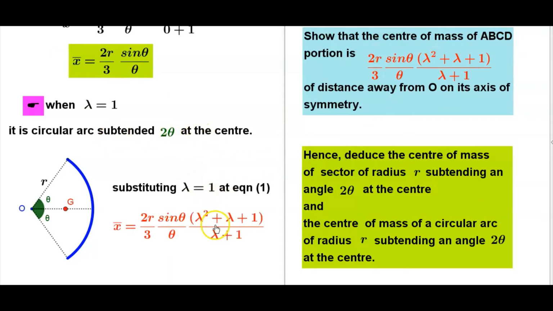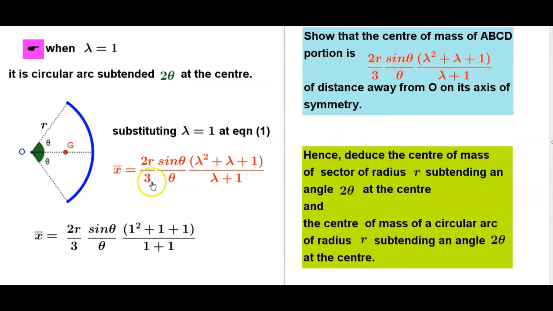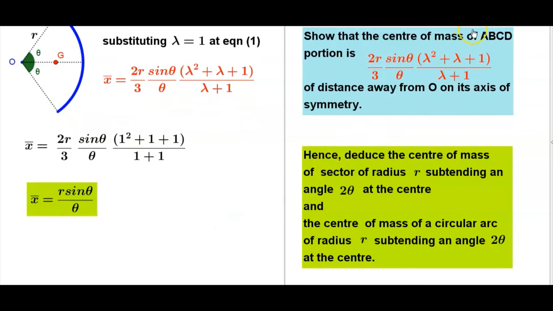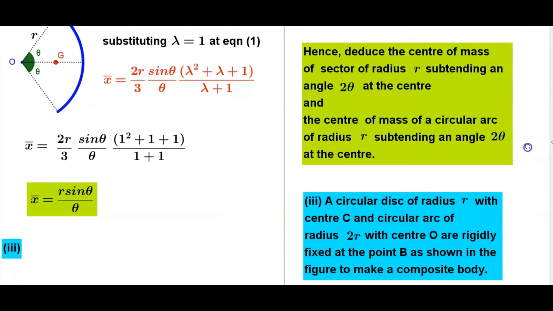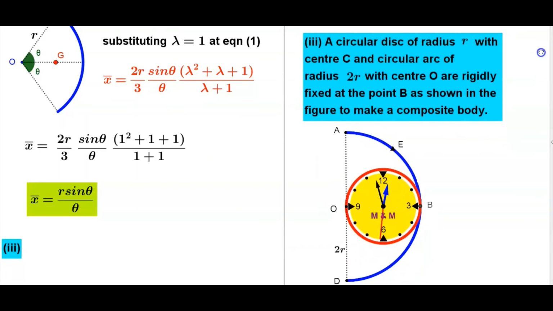Substituting lambda equal to 1 in this equation, x bar, the center of mass of this arc, is 2r by 3 into sin theta over theta into (4 lambda 1 squared plus 1) over (1 plus 1), which is R sin theta over theta. This part over O. Now we consider this third part.